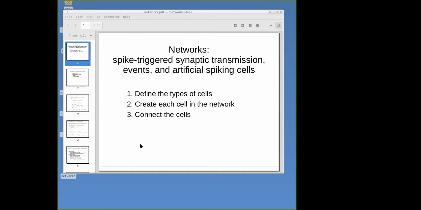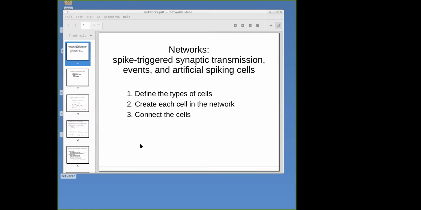Are they going to be stylized ball and stick type cells? Are they going to be single compartment models? Or they could be something else? And we'll get to what something else it could be. But you have to define your cell classes that you're going to then use to spawn the instances of cells that you're going to use to build your network.